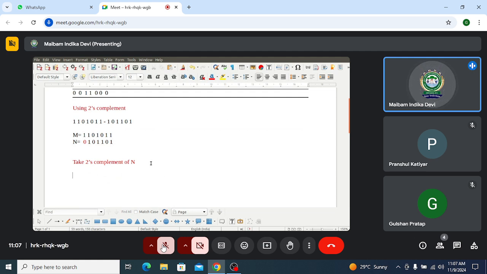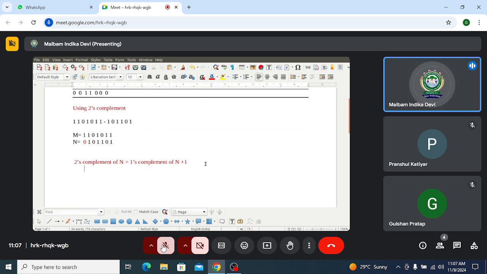We have discussed different fast methods for finding two's complement. One easiest method is to first find the one's complement of n and then add a 1, right? So let's go with this method.